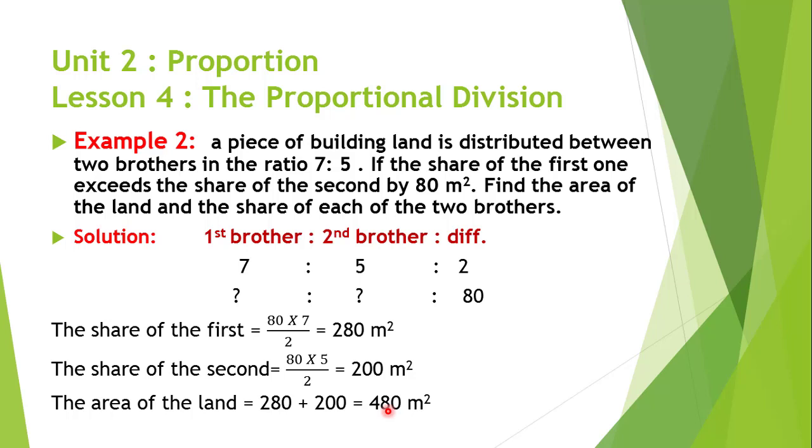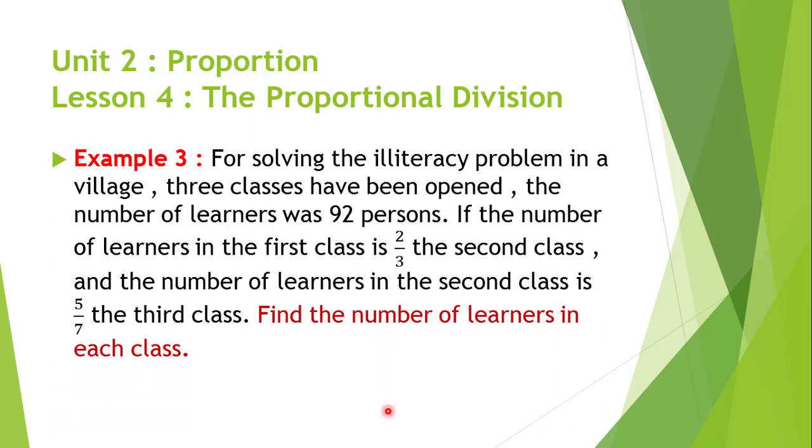Let's move to another example. For solving the illiteracy problem in a village, 3 classes have been opened. The number of learners was 92 persons. This is the total number of learners.